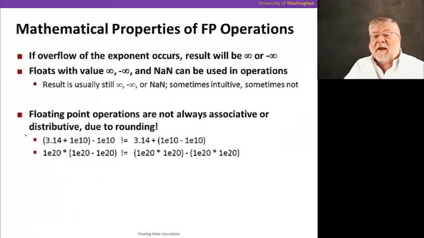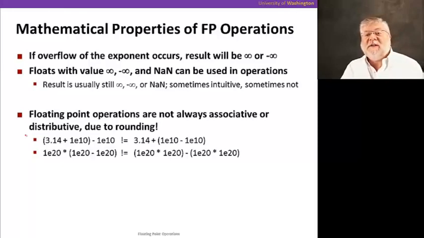All right, some other mathematical properties of floating point operations. If an overflow of the exponent occurs, our hardware, our unit that does the operation, has to notice that and make the result be positive or negative infinity.